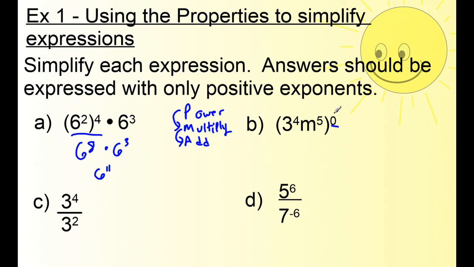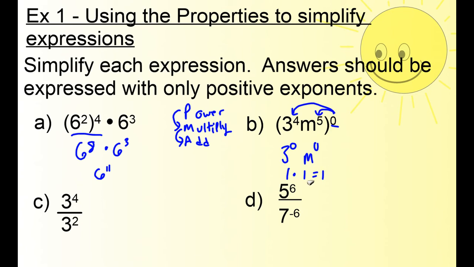We could multiply those exponents together and get 3 to the power of 0, m to the power of 0. And you go, okay, well, is that it? No, because we had that other property that said anything to the power of 0 is equal to 1. So essentially, this is just 1 times 1, which is 1. This whole thing simplifies down to 1.